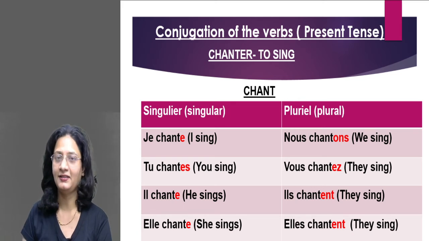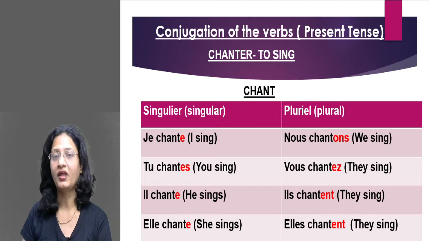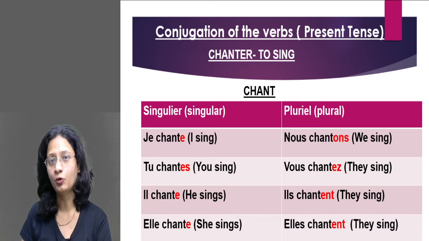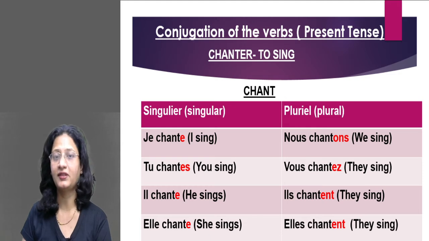Elle add E, elle chante. For nous add ONS, nous chantons. Vous add EZ, vous chantez. Ils add ENT, ils chantent. Elles add ENT, elles chantent.